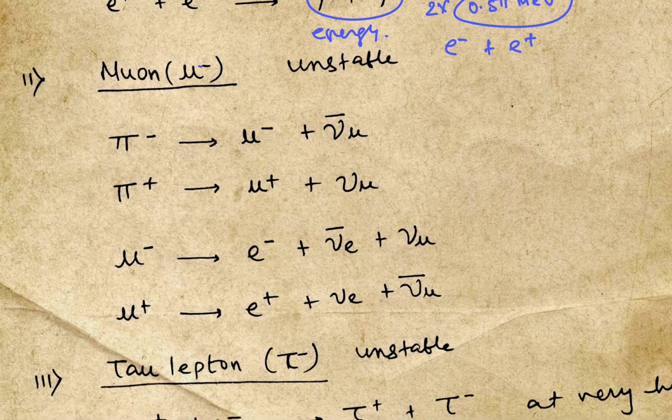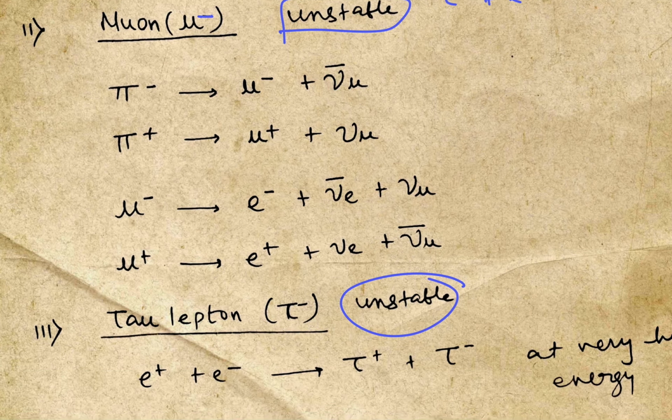The charge is -1. It is unstable. Let me tell you, the electron was stable, but the muon is unstable, and even the tau lepton is unstable. So these are some ways to make a muon, and let us learn how the muon is formed. These things will help you learn how charges are conserved, and how a neutrino or antineutrino is formed with other leptons.